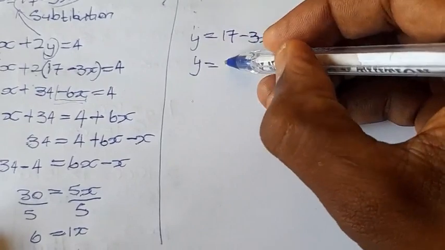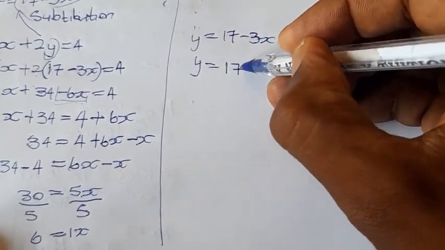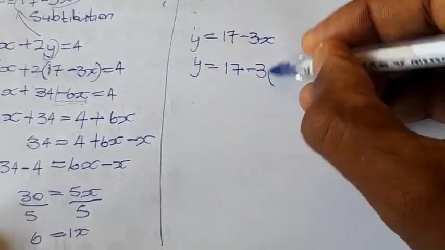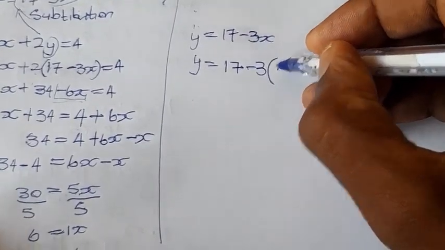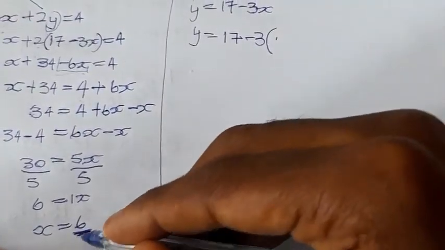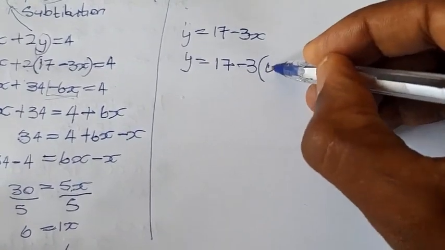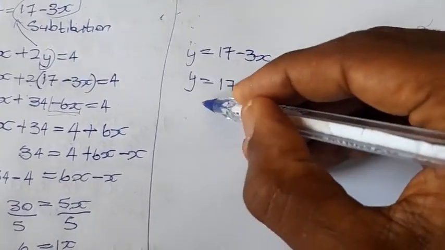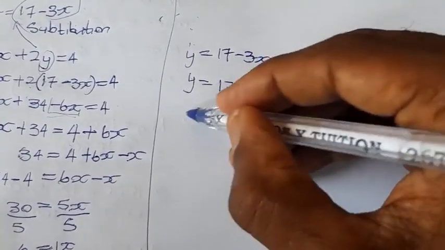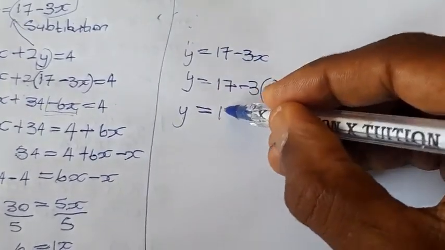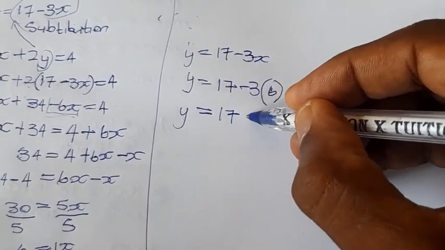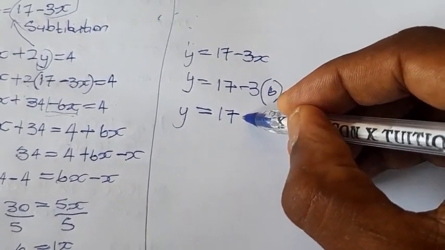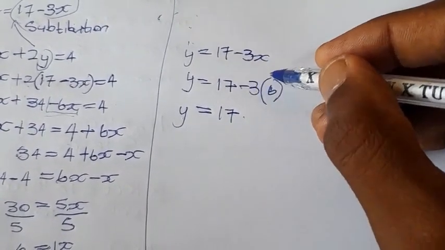Y is equals to 17 minus 3, and remember, we just found out x is 6, so we put 6 here. Right now, we want to find out y. Y is equals to 17 minus 3 in brackets 6.